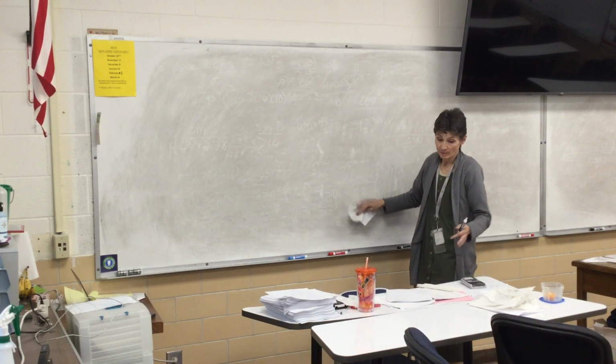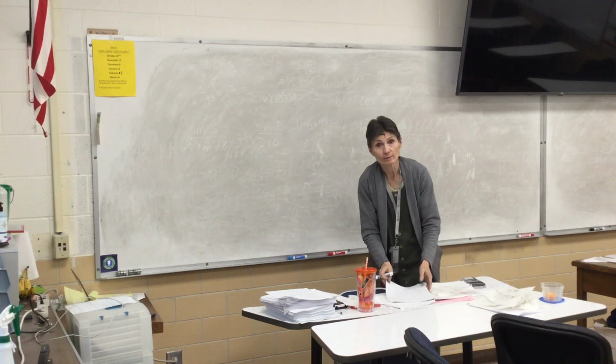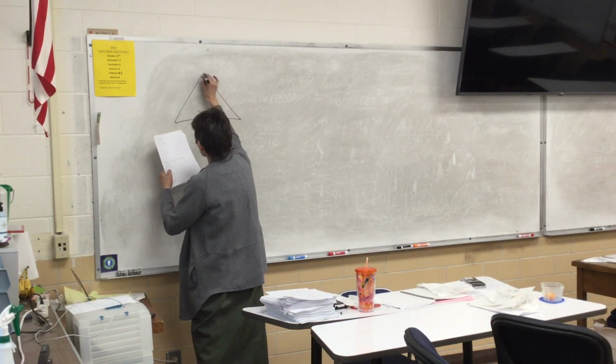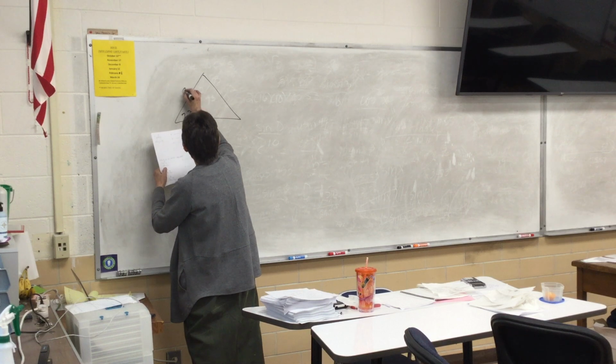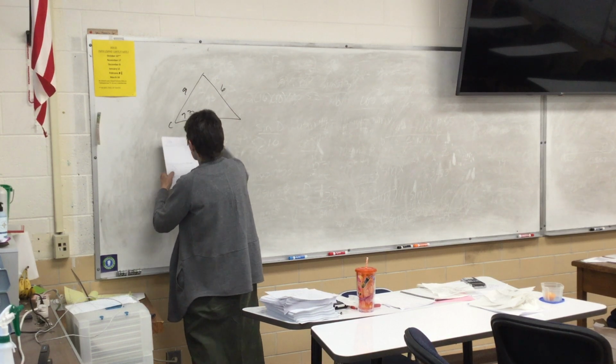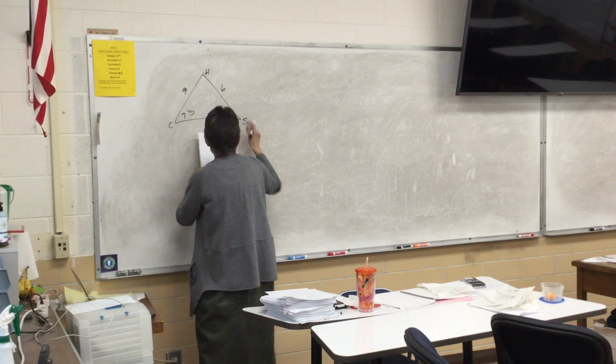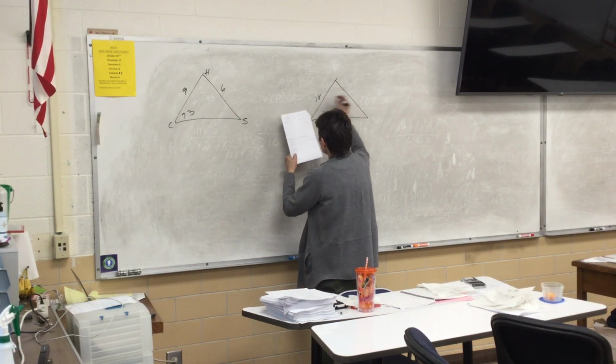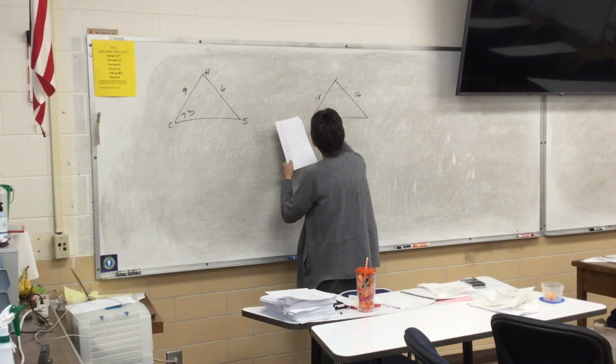Now we've got another one that's going to be on your quiz. How many triangles are possible? So here we go. We have a 73, a 9, a 6, and then we have an 18, a 16, and a 52.